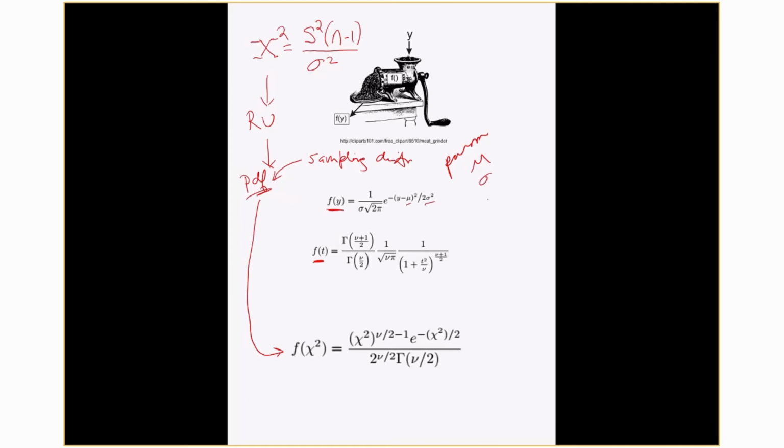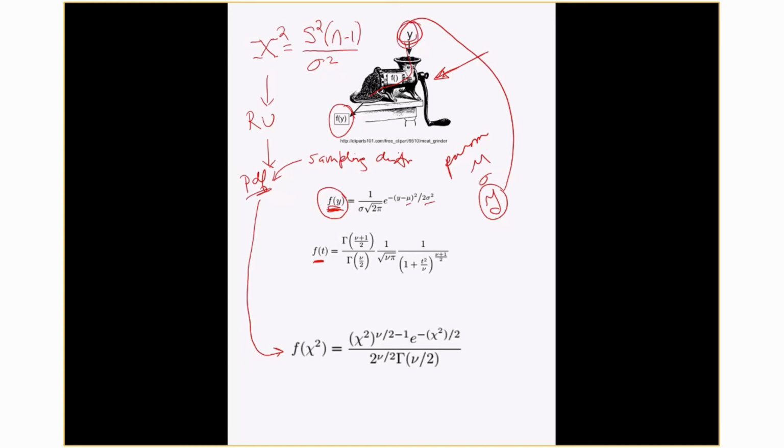And then we've got this value of y that we measure. And then our probability density function, it's a function. So it just acts like a meat grinder, and we take y, and we shove it in the meat grinder, and what comes out the other end is the probability density function. So what this represents is the probability density associated with whatever value of y it was we shoved into our meat grinder.